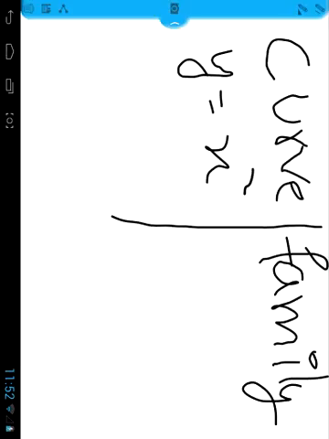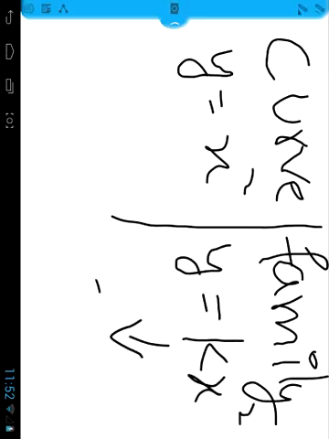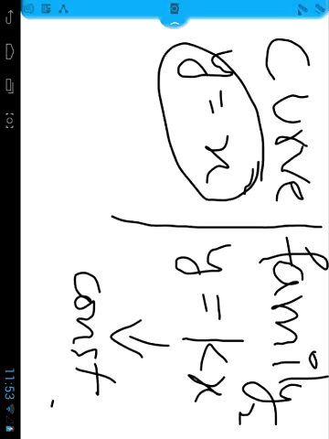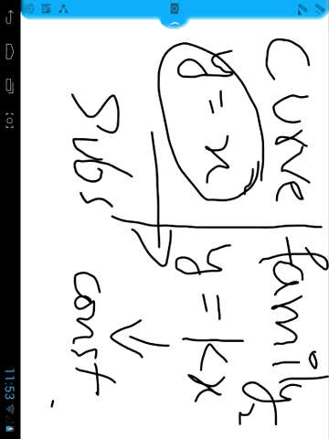And when we talk about a family of curves, there is always a parameter or a constant which may affect it, and here it is k. So we can say that this equation is a subset of this equation when k is equal to 1, right?